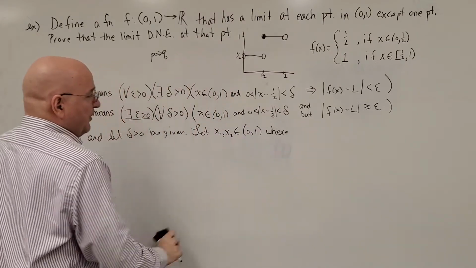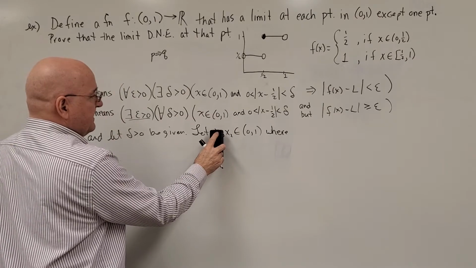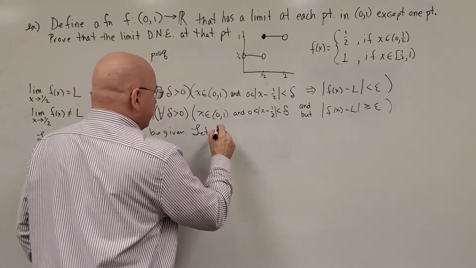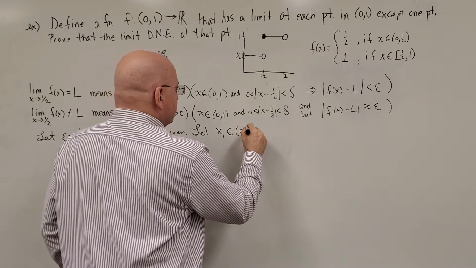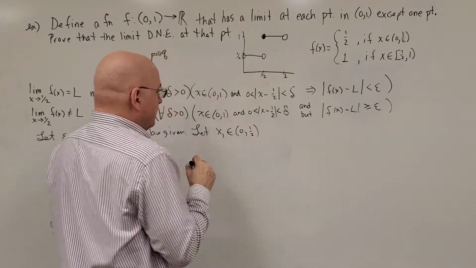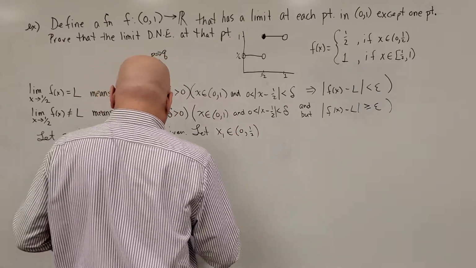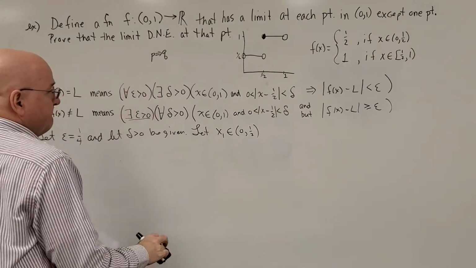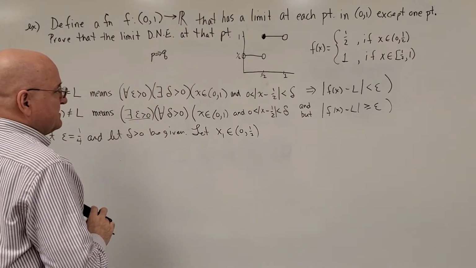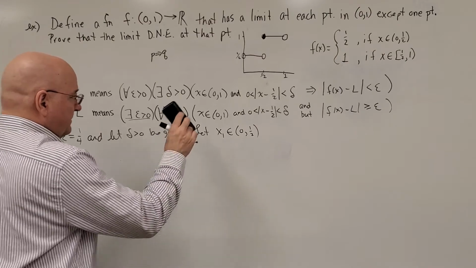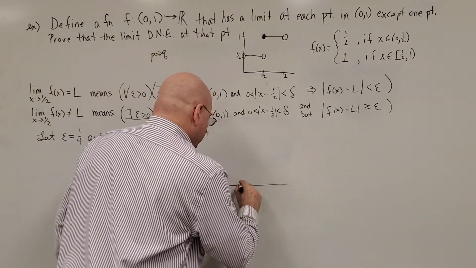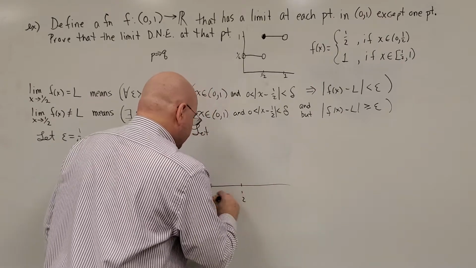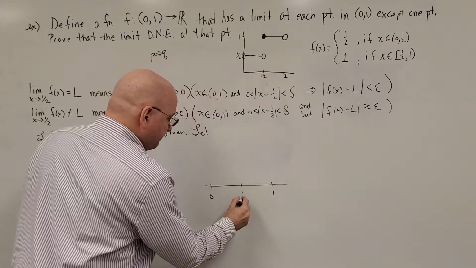I'm making this too wordy. Let me just say let x1 be in the interval from 0 to 1/2. Let me see, let's change that again. Here's what I want. Here's 1/2, here's 0, here's 1.